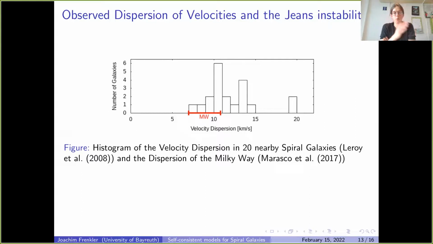And you see that most spiral galaxies have a dispersion somewhere around 10 kilometers per second. And then I've drawn here also an estimate for the dispersion of velocities in the Milky Way. This was calculated by Marasco et al. in 2017. So the Milky Way falls into this class 2. But then one question arises.